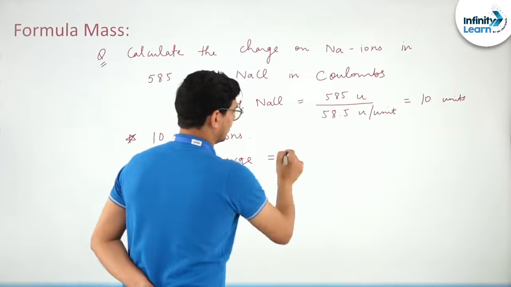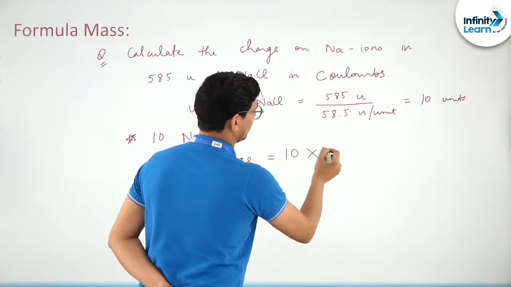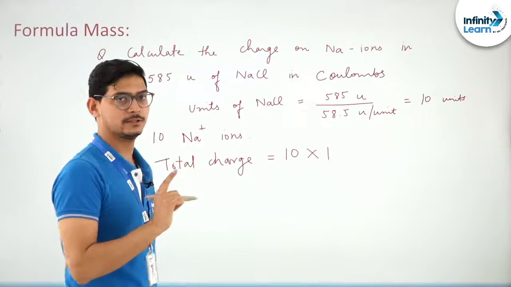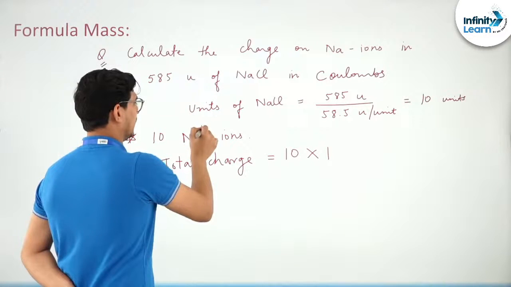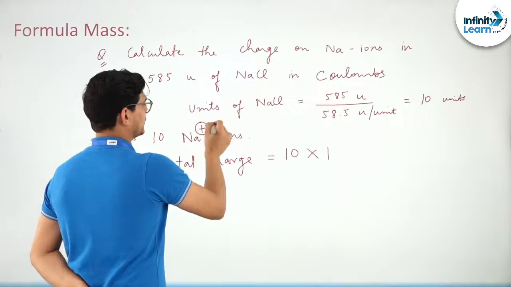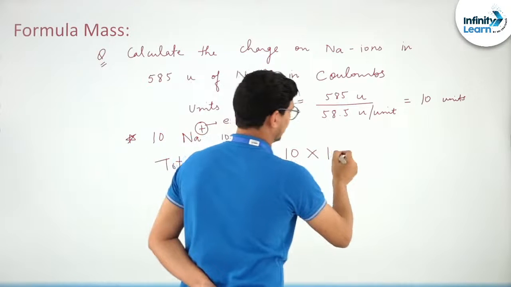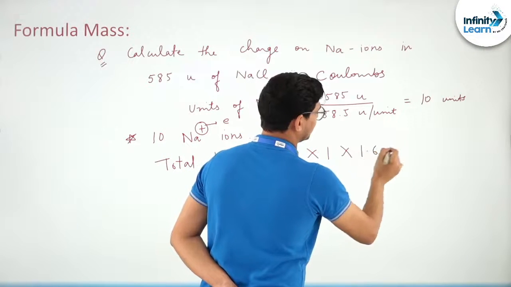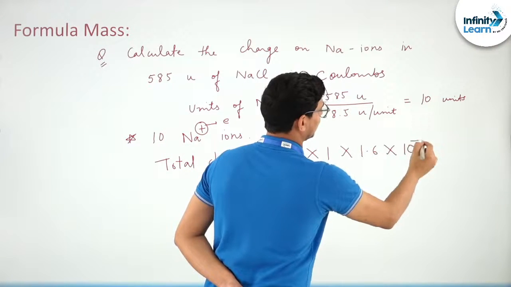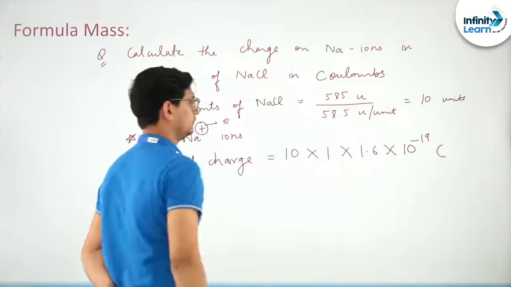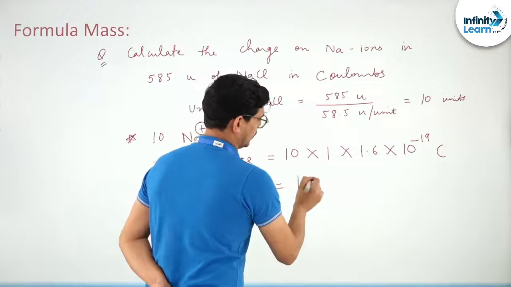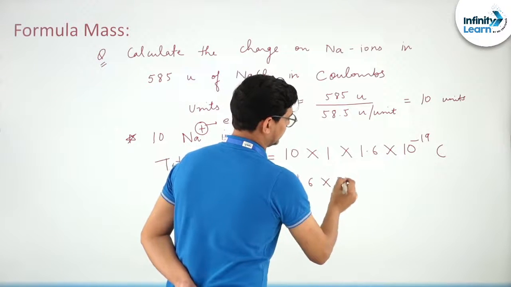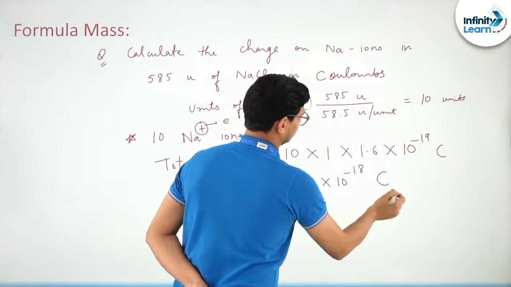The charge on 1 ion is 1 unit, and it is the electronic charge, right? I hope you are clear about this. The value of electronic charge is 1.6 into 10 raised to the power minus 19 coulomb. So obviously the total charge is 1.6 into 10 to the minus 18 coulomb.